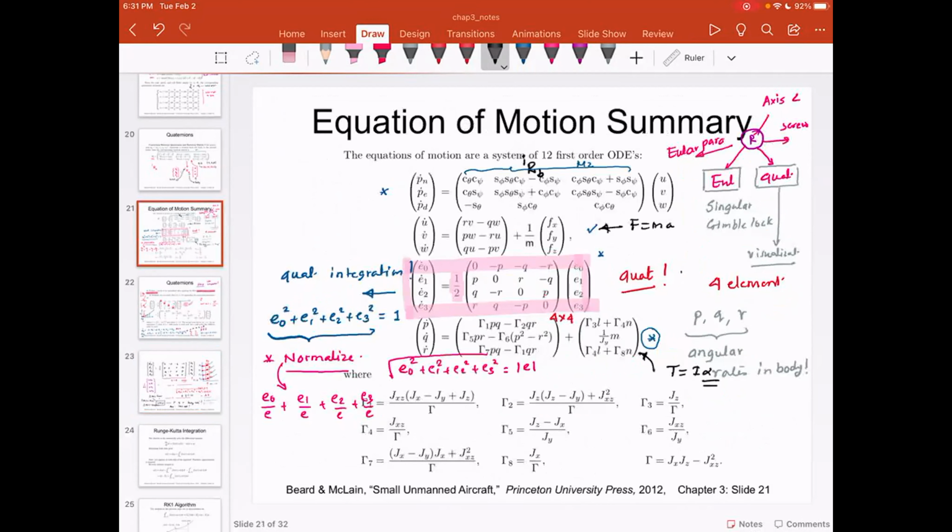So U dot, V dot, and W dot are nothing but accelerations, and P dot, Q dot, and R dot are angular accelerations. Does that answer your question, Zubir?